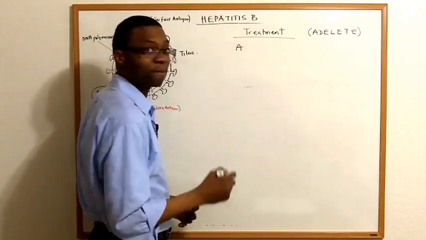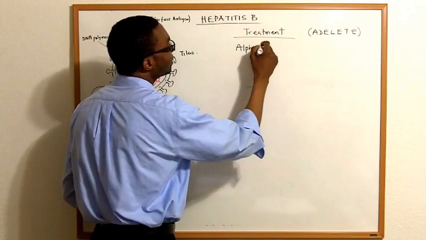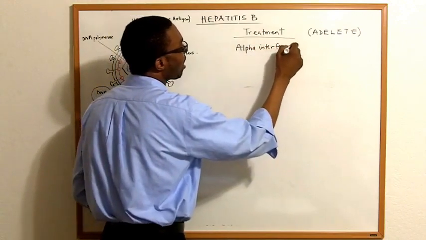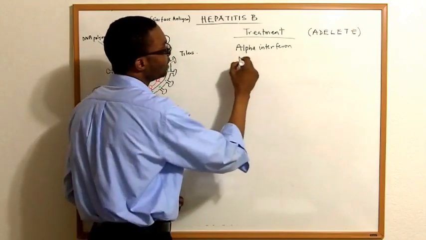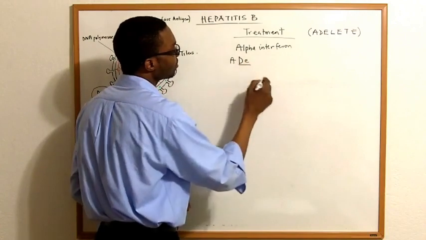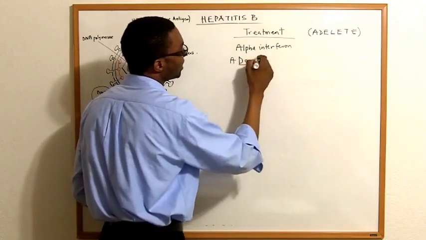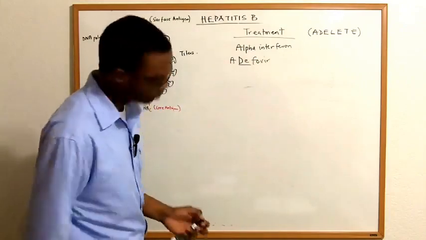A is going to be the alpha interferon. That's what we use to treat hepatitis B. D, another drug, adefovir.